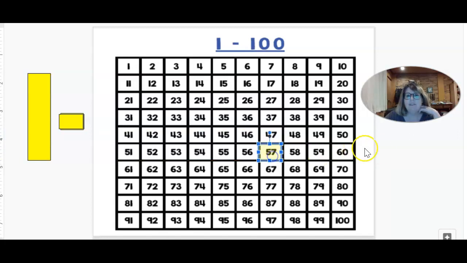Now let's go back to 57. If I wanted to do 10 more, what would the number be? It would be 67. The only digit that changed was the tens digit. The ones digit stays the same when you add 10.